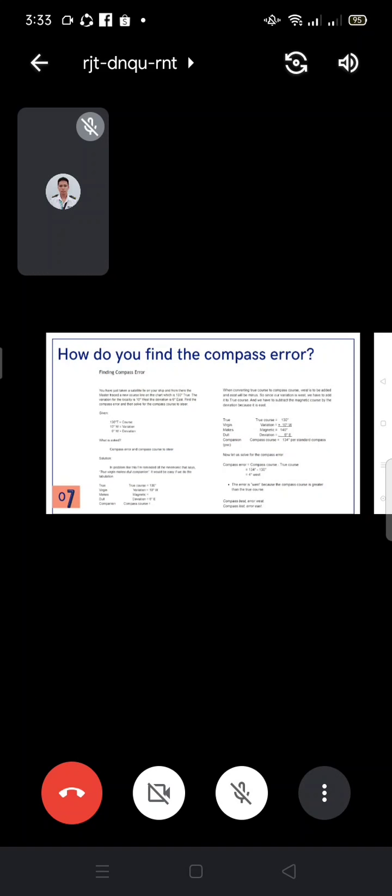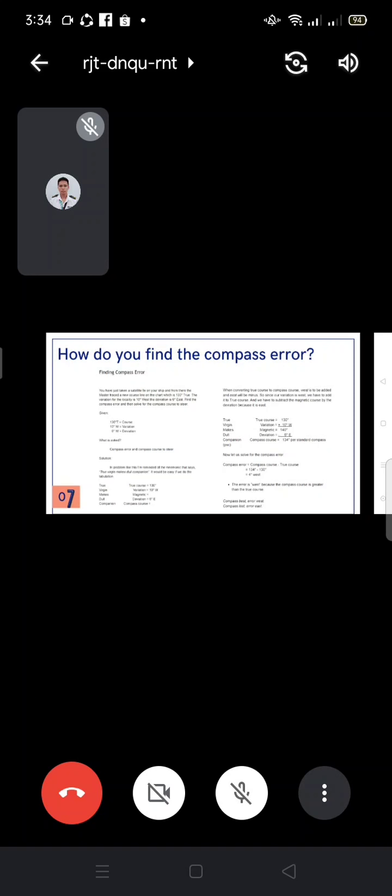When converting true course to the compass course, west is to be added and east will be minus. So since we have variation west, we have to add it to the true course, and subtract the deviation from the magnetic course because it is east. So 130 degrees plus 10 degrees west equals 140 degrees.